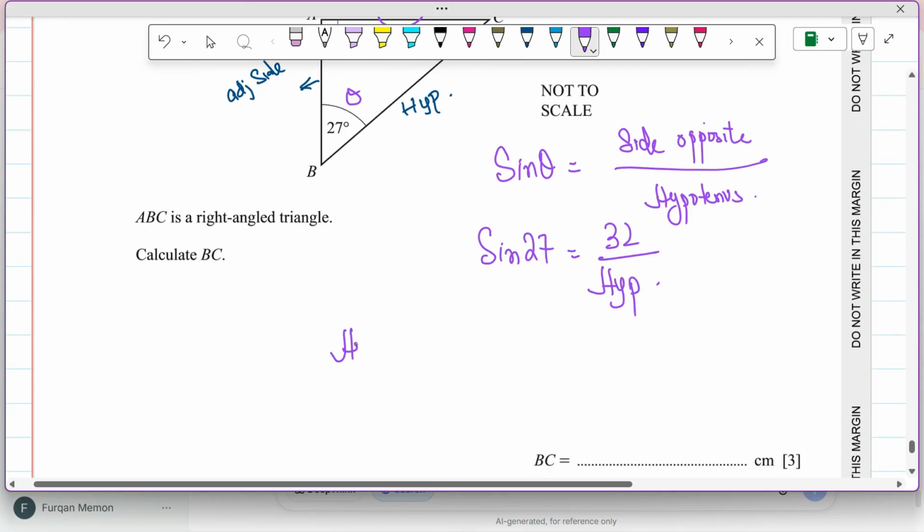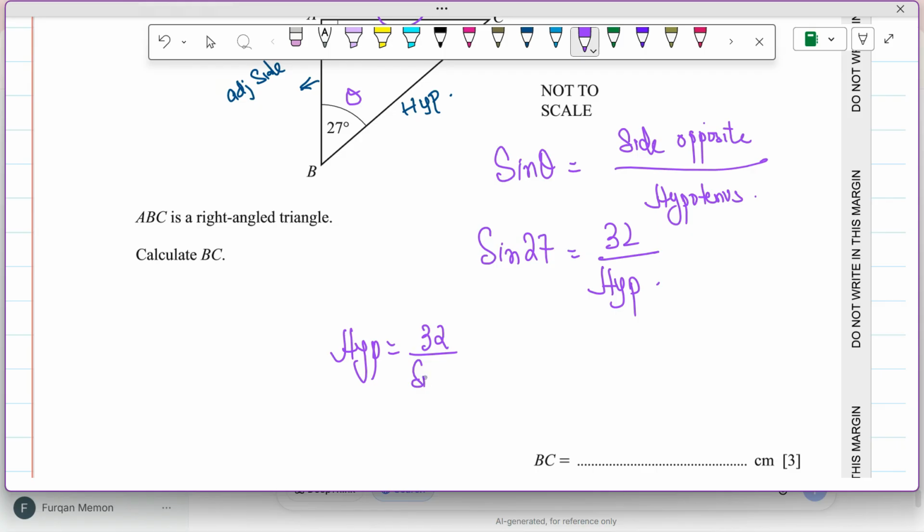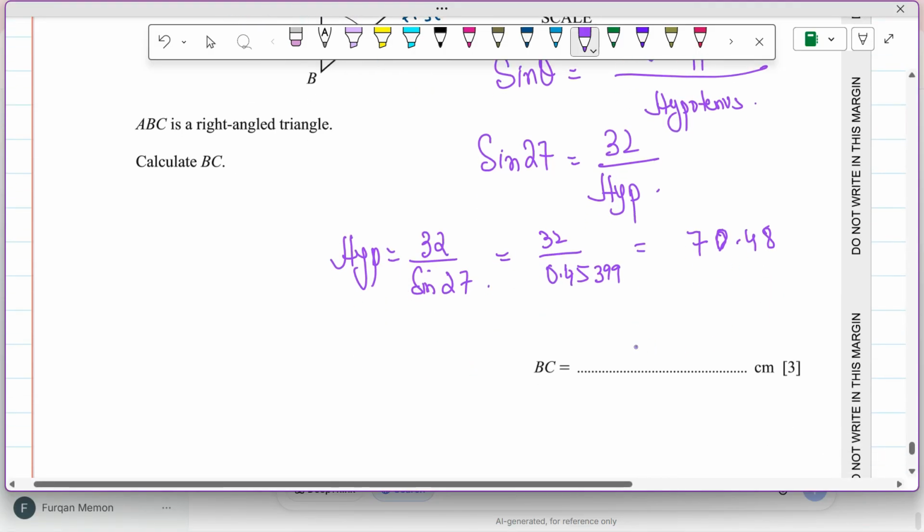So the hypotenuse is equal to 32 over sine of 27. Sine 27 is 0.45399, so this is equal to 70.48. So we can say that BC is 70.5 centimeters.